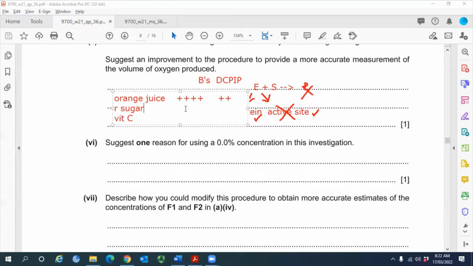So for reducing sugar, you get a plus. Okay, say for example, reducing sugar, you get a plus. Your vitamin C, you also get a plus. This pure vitamin C, yeah? So their concentration has nothing to do with concentration of orange juice. It only shows that it gives you a positive result. So what can you deduce from this?